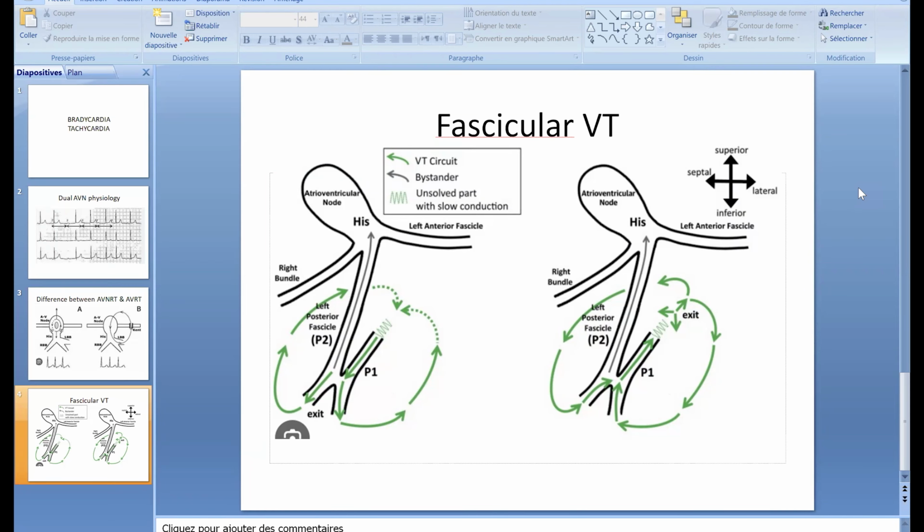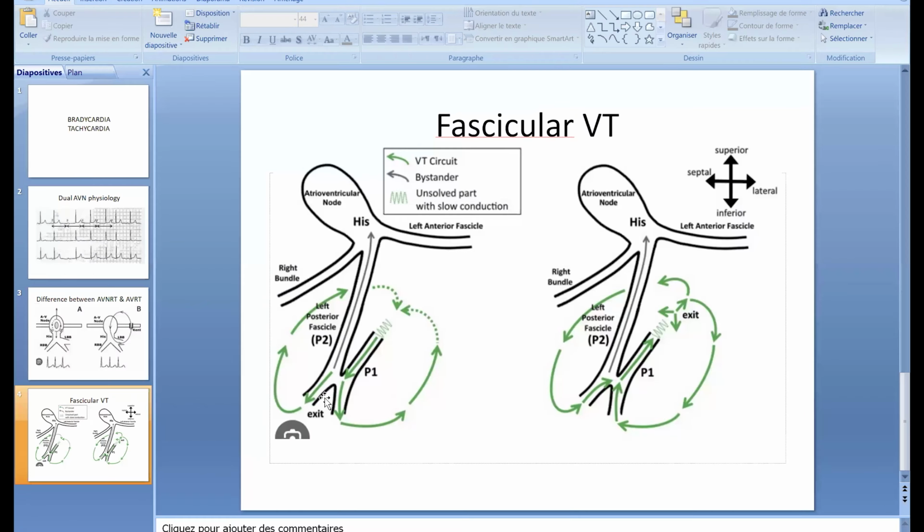The first difference from other VTs is that the QRS is narrow, less than 120 milliseconds, and this affects, most of the time, young adults with normal heart structure. It means no heart disease. Typically in the ECG, as Dr. Rosasi showed, it is right bundle branch block with left axis.